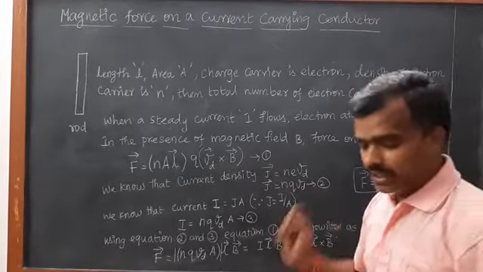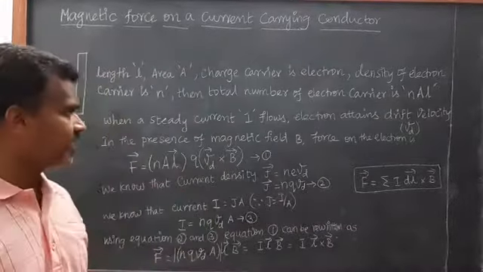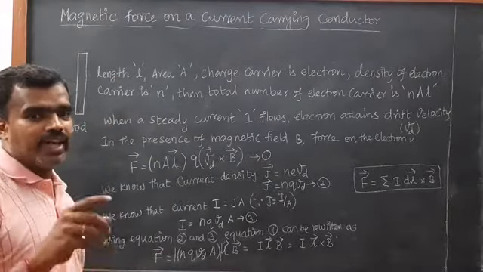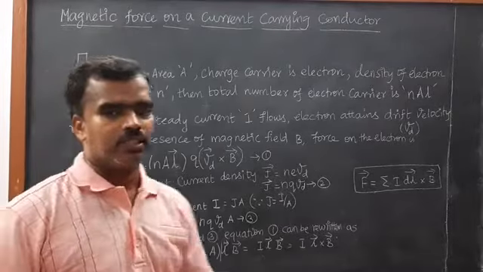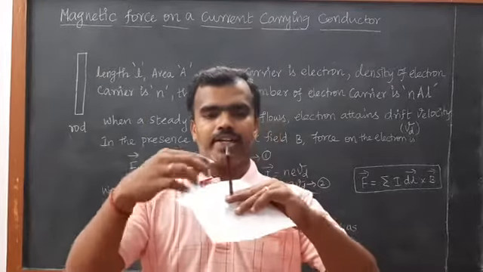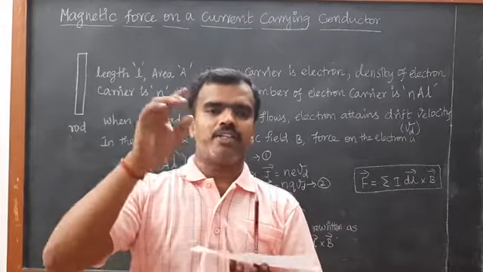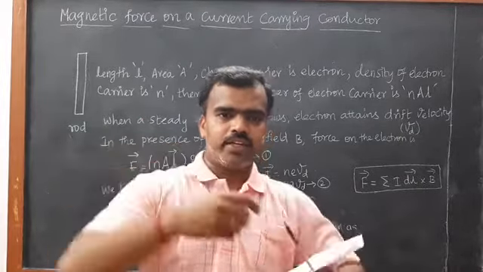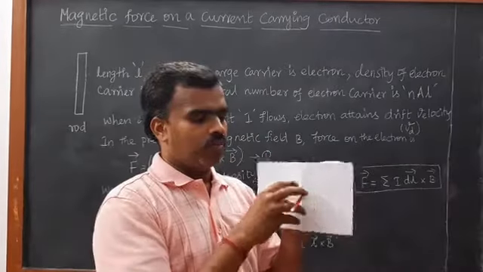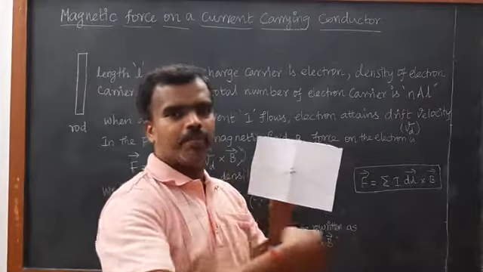In the presence of a magnetic field, we are now going to calculate the force on the electron. Here we have a straight line conductor. If you pass a current, the magnetic field is always perpendicular to the current direction.